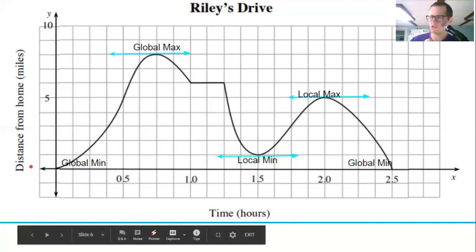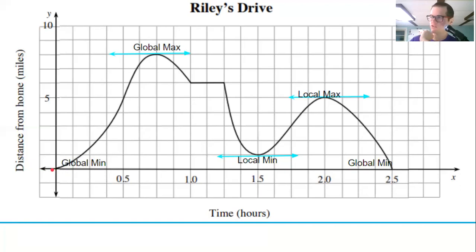So looking at these, we have 2 global minimums at X equals 0 and 2.5. We have a global max at 0.7. And then there's a local min and a local max at 1.5 and 2, respectively.